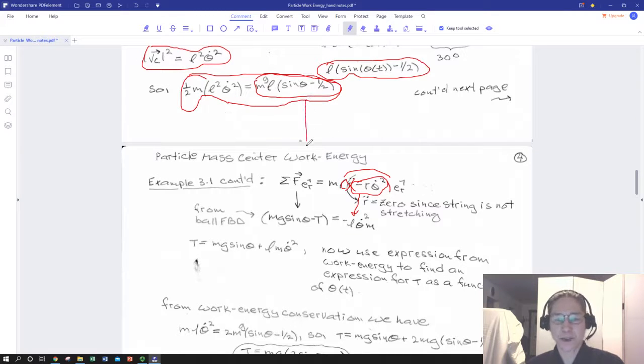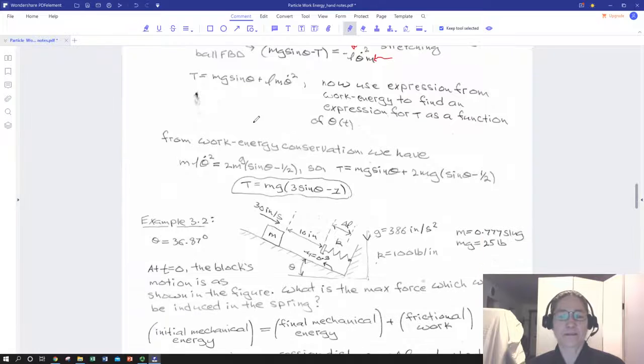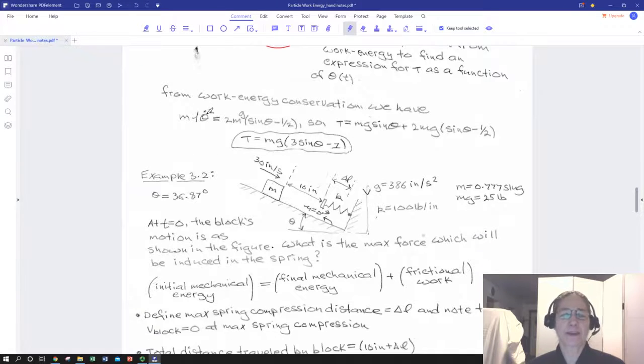And substitute that right down here. So that's what we can see here. So we're substituting for this term from our work energy expression on the other page. So we've got that written out here.